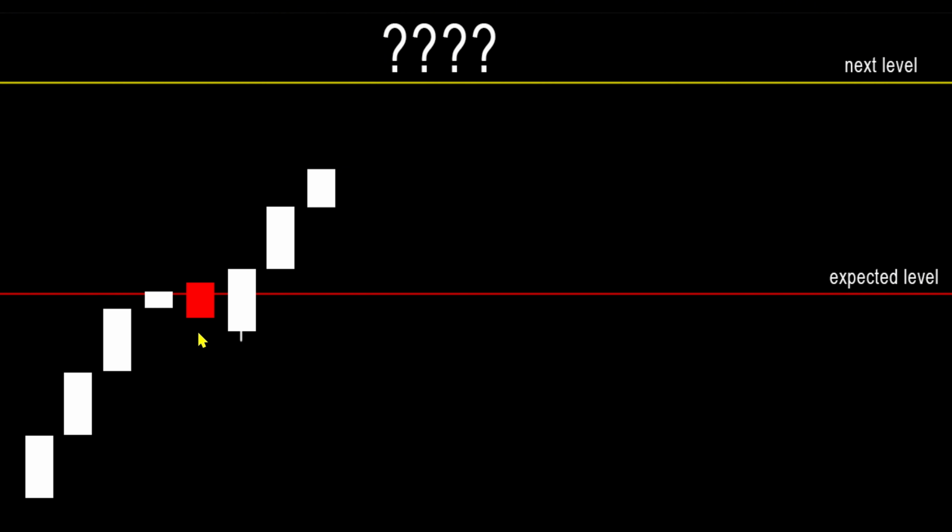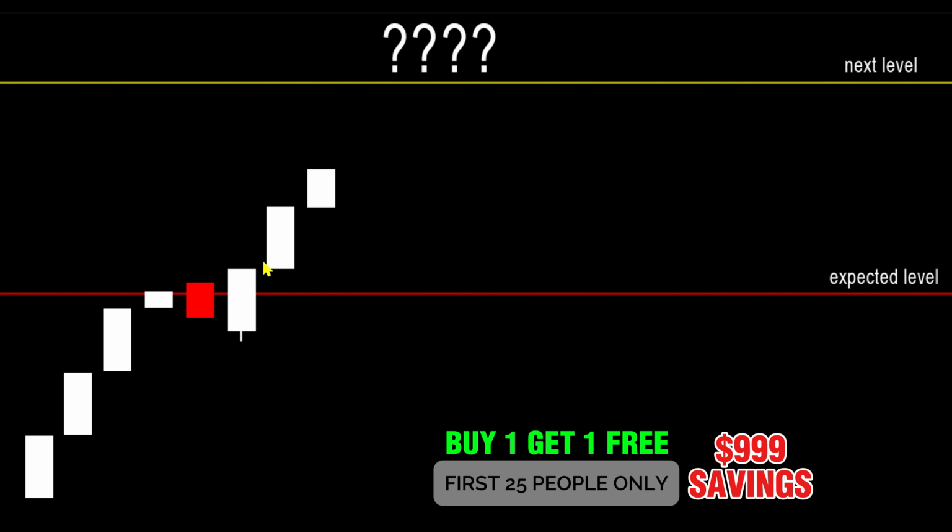Now, let's move forward. You got in on this candle, it closed, you're in profit. Next candle went down, you're in deeper profit. All of a sudden, the volatility hit, it went up. The market is now above your level, and the market starts to go up. Now, what you need to do when the market gets away from you, at first glance, is measure to the next resistance level in this case.